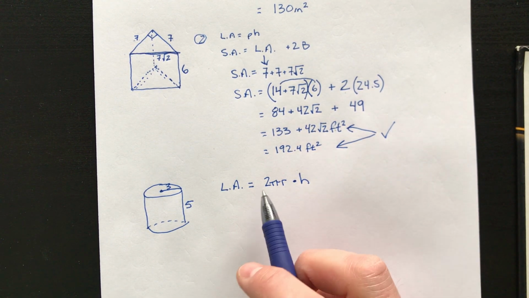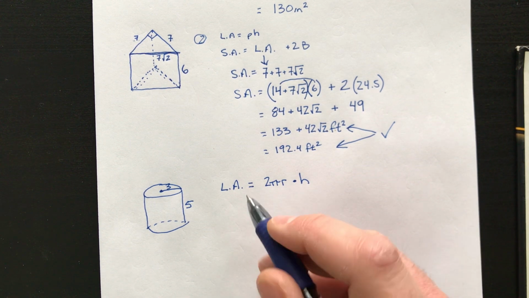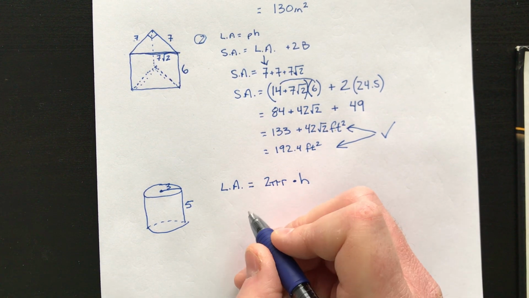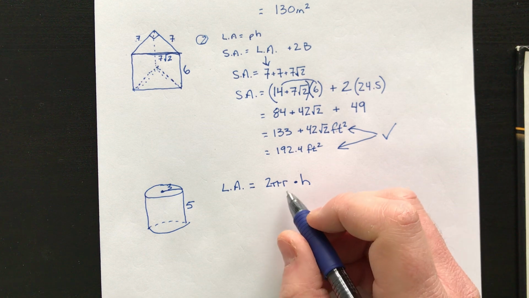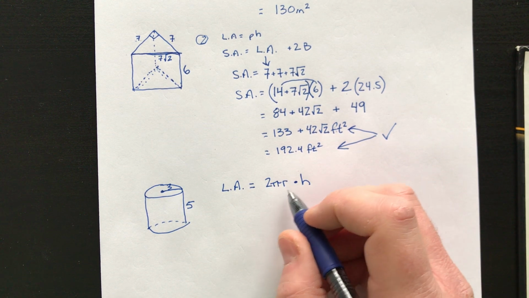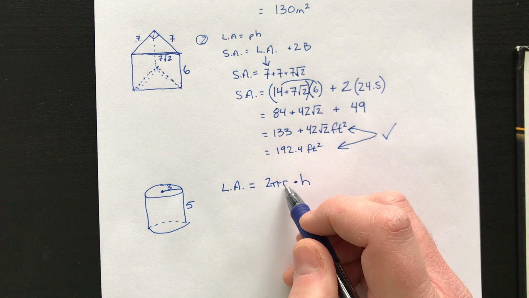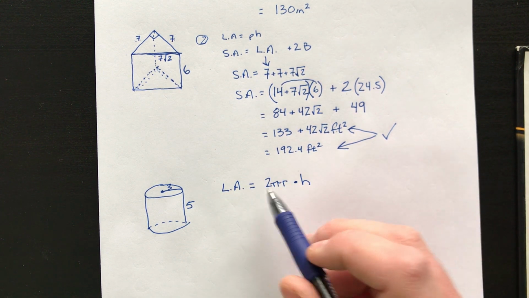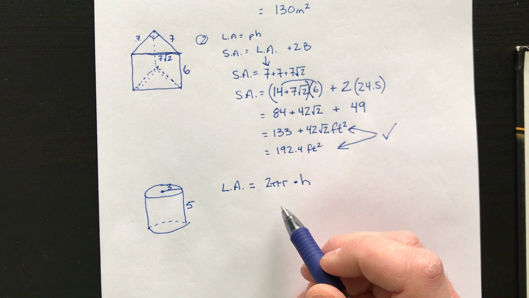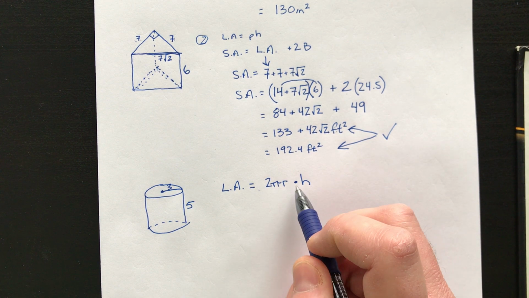You can also write this as pi times diameter times the height. It doesn't matter, okay? Because 2 times the radius is just diameter. This is just how I look at it, all right? So lateral area is 2 pi r times the height.